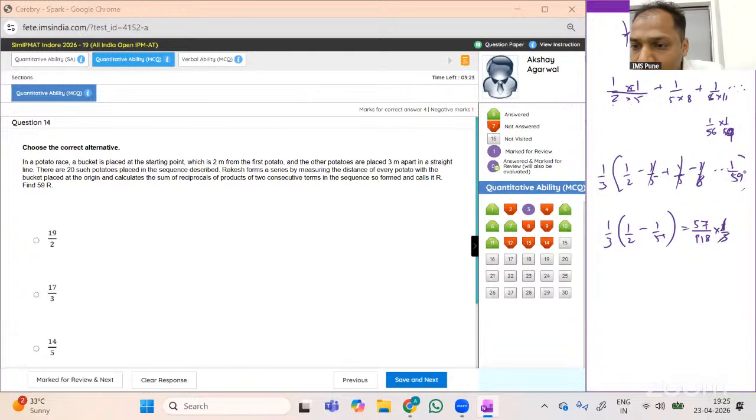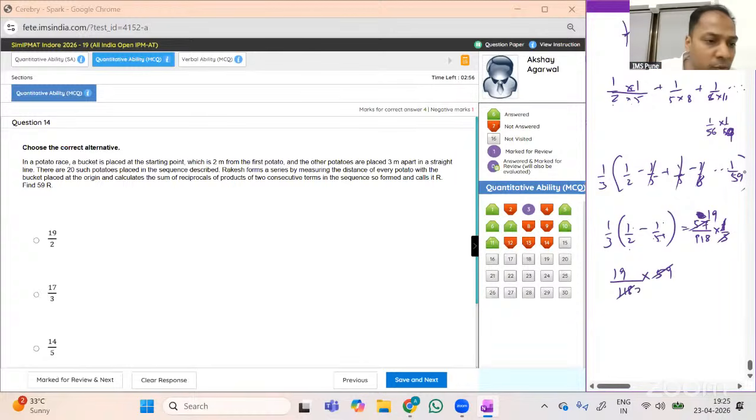So 3 goes 19 times. Basically that's 19 by 118 into 59. So 59 goes once, 59 goes twice. The answer is 19 by 2, yeah, it's there in the options.